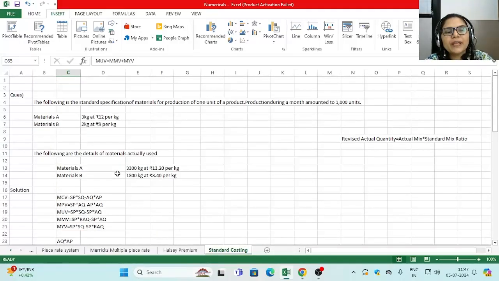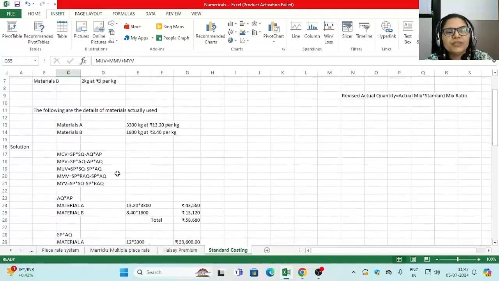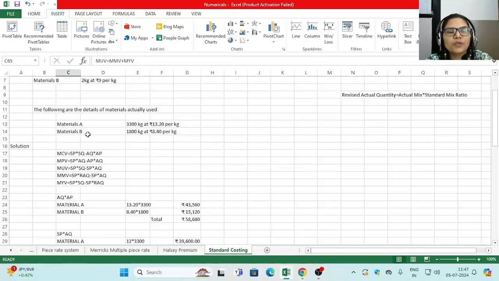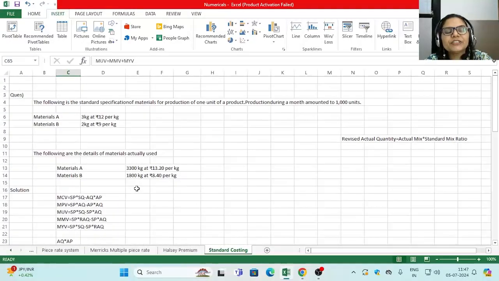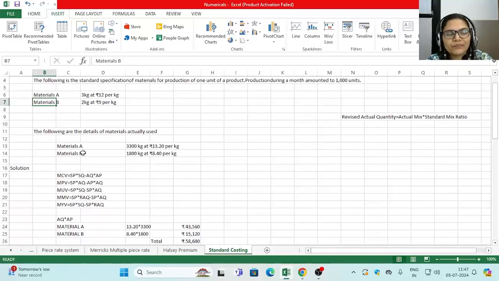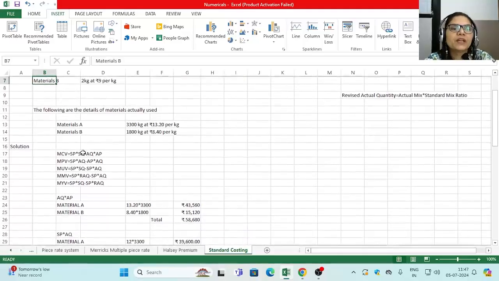First of all, to make the calculation easy, you need to write all the formulas of all the variances. As in the previous session, I discussed that it has been specified in the question that two kinds of materials are used, material A and material B. So in this particular question, you will calculate all five kinds of material variances.